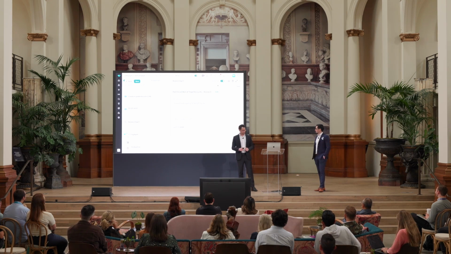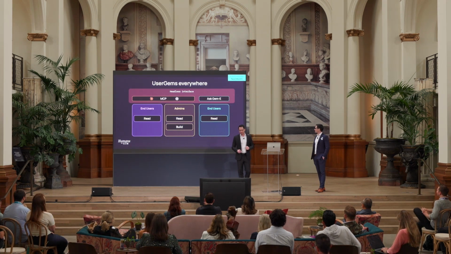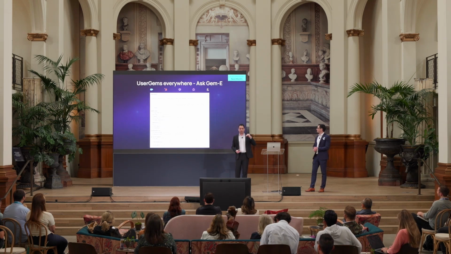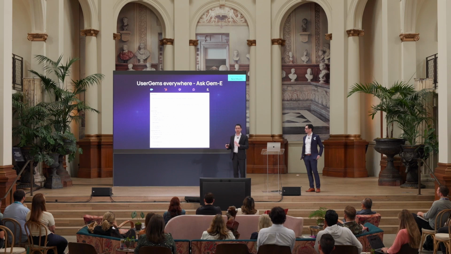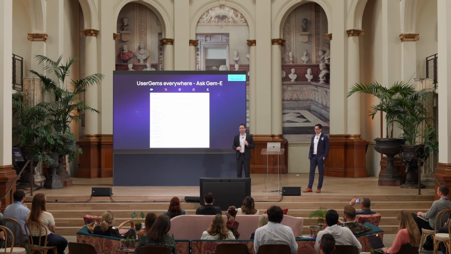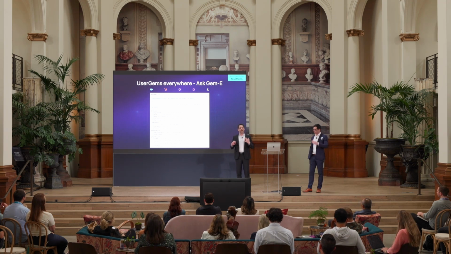In addition to the MCP on UserGems, I need one more slide here. But the best thing is that the functionality that I just showed you is not just accessible through our MCP. Everything that you've seen right now, you can also do through Ask Jemmy, which is our Chrome extension.